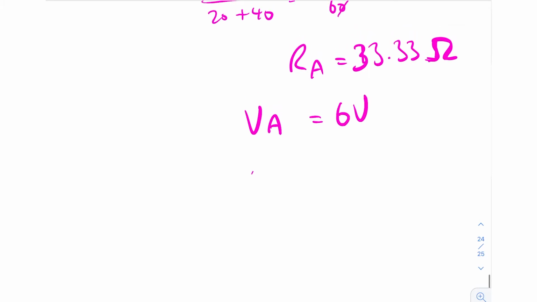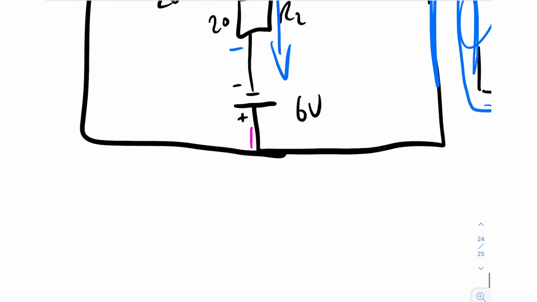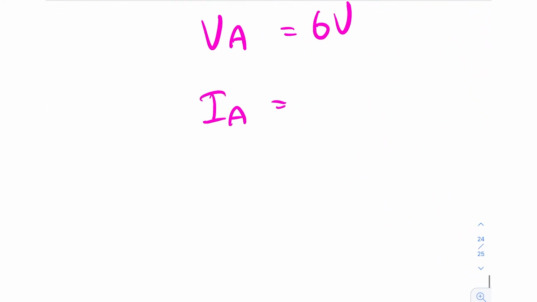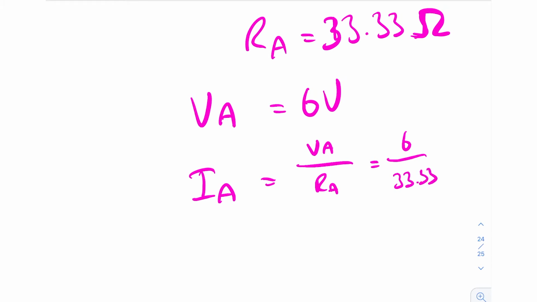And so then we can work out IA, meaning the total current coming out of here. It is going to be VA divided by RA, or you could say 6 volts divided by 33.33. And that would give us the total current.